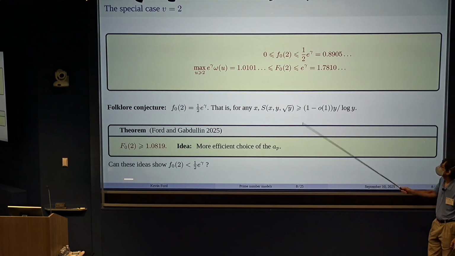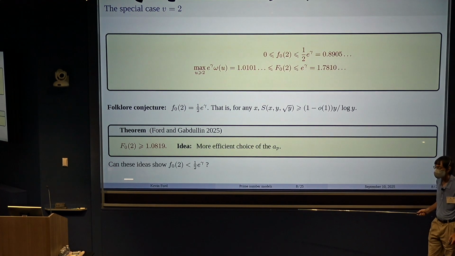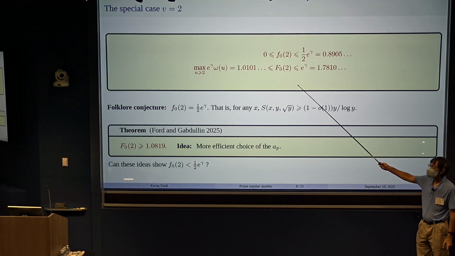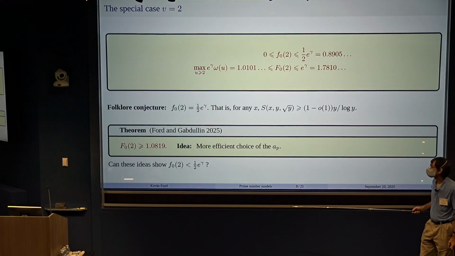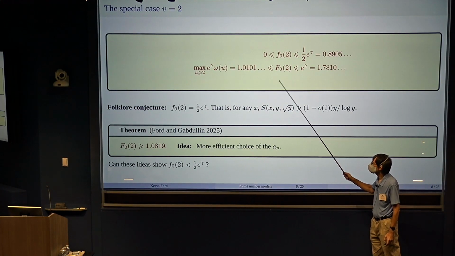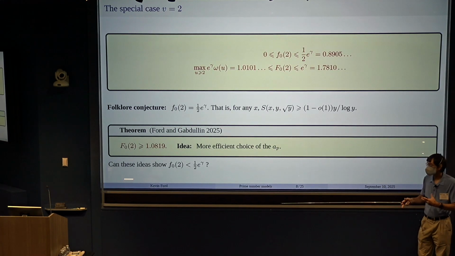And that is in some work I've been doing with my postdoc, Mikhail Gabdulin, we've improved the lower bound for capital F0 of 2. So what this means is that we can find examples of, well, we actually use residue classes.